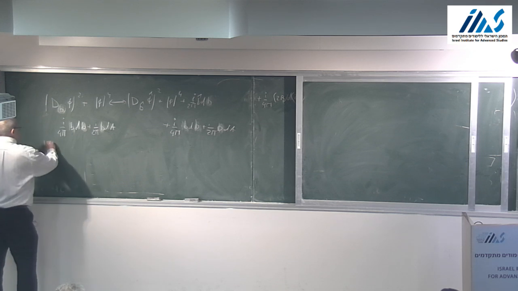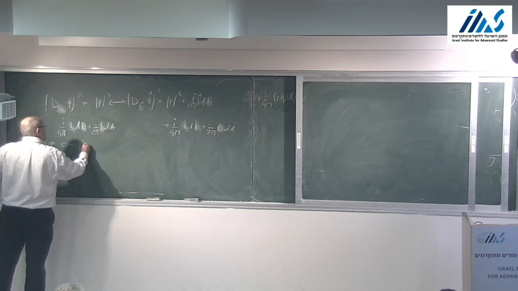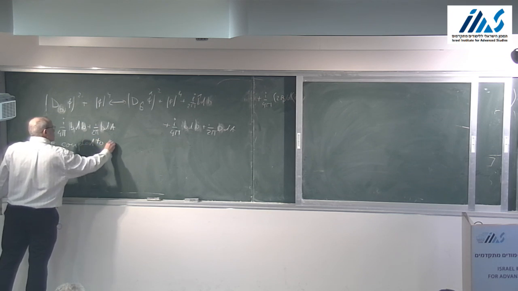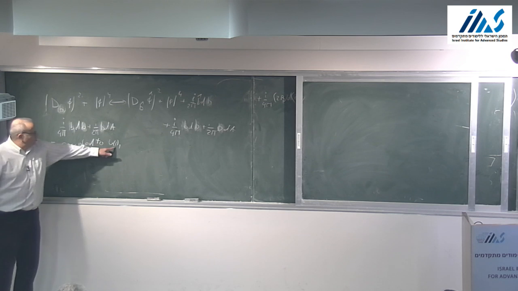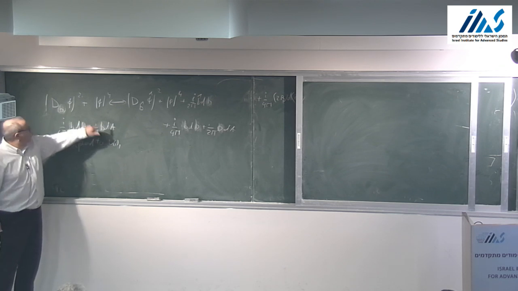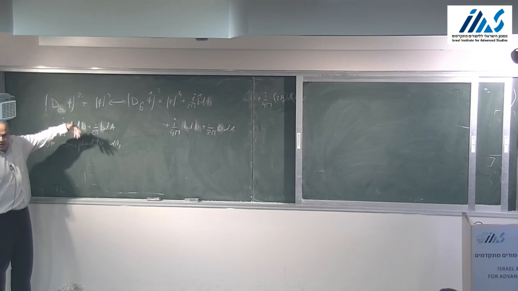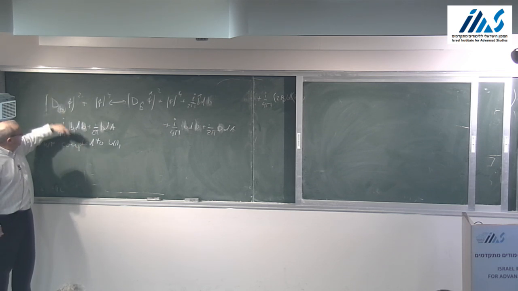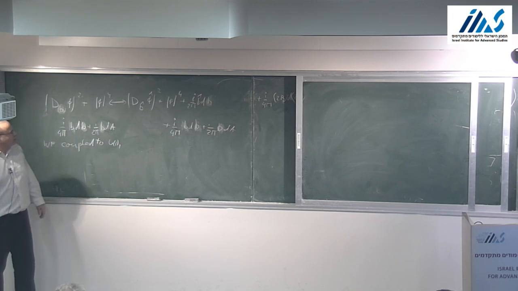So this is the Wilson-Fisher theory coupled to U1 level 1. This is not a trivial theory because the gauge field of this U1 level 1 couples to phi. So it has some dynamics. It's the O2 dynamics and the dynamics of this little b with U1 level 1.